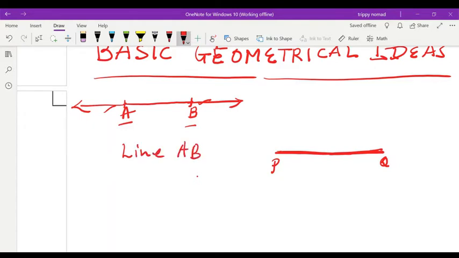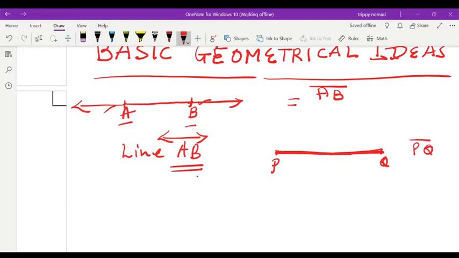This can be represented symbolically like this. In the same way, this is a line segment. If you have to write line segment AB, you will write like that. If you have to write line segment PQ, you will write like that.